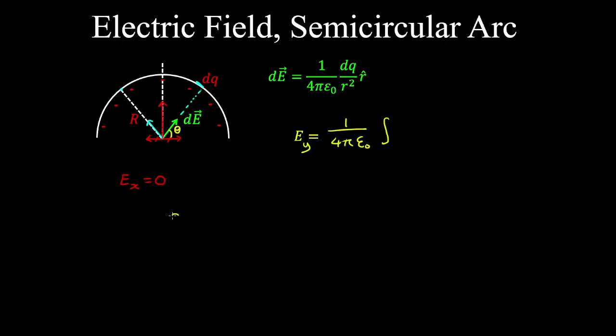and our differential charge can be taken as the linear charge density by the arc length where this differential charge is distributed. So that will be r by the differential angle d theta.